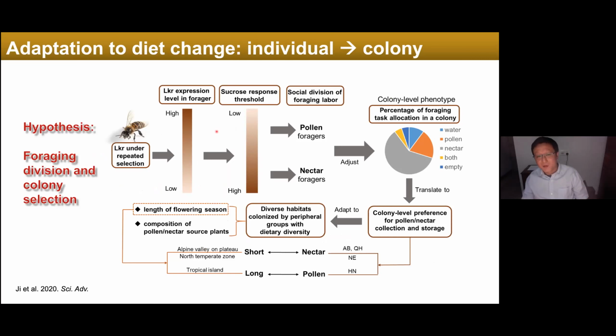Apparently this is a very complicated work, and we are still carrying out additional tests to figure out whether LKR is actually responsible for task division in the foragers. We have experiments designed to test behavior changes, and experiments trying to understand the molecular mechanisms. But I have to say that for the behavior part, we have encountered some issues.